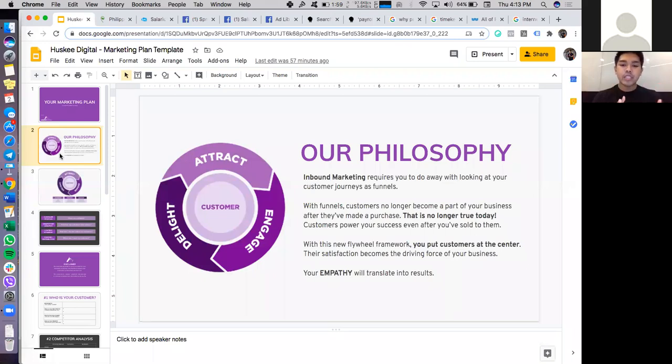So with this flywheel framework, it really forces you to put customers at the center, because you understand now that if I make them happy from the very beginning all the way to the very end, it benefits my business in the long run, right? Their satisfaction becomes the driving force of my business, thus the flywheel, where the customer is at the center and it powers that flywheel to go round and round.